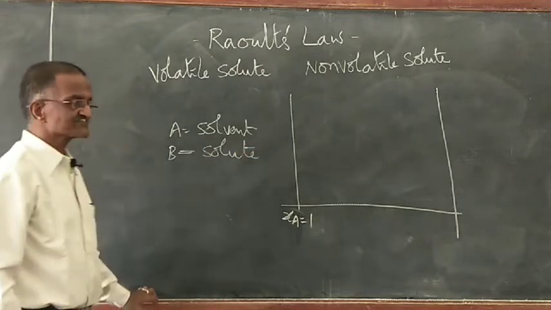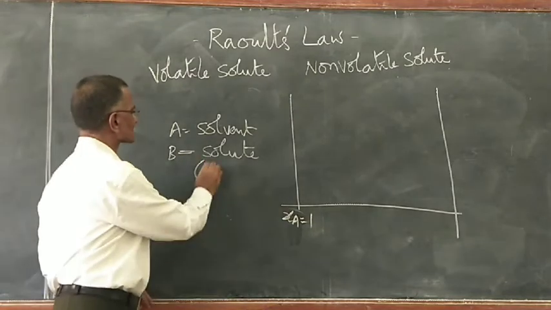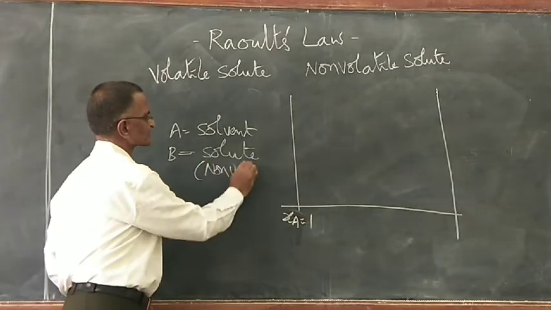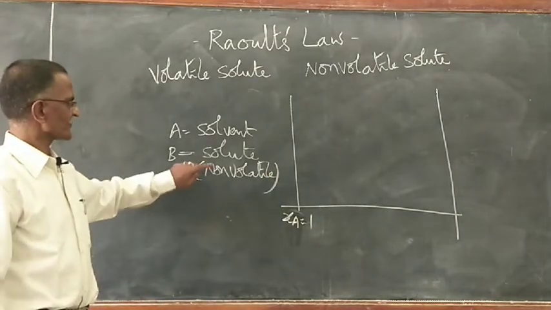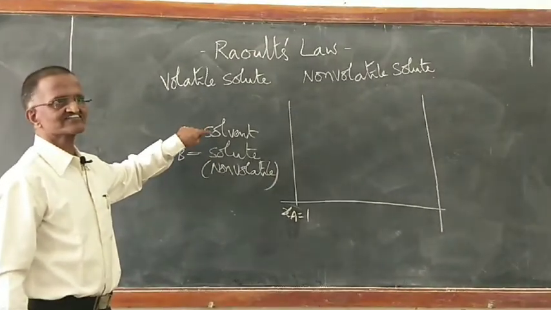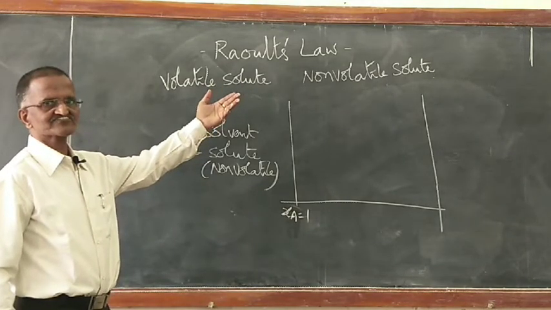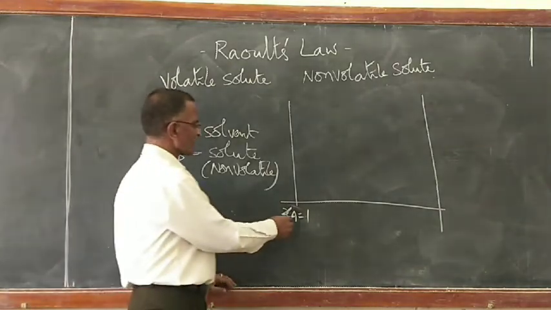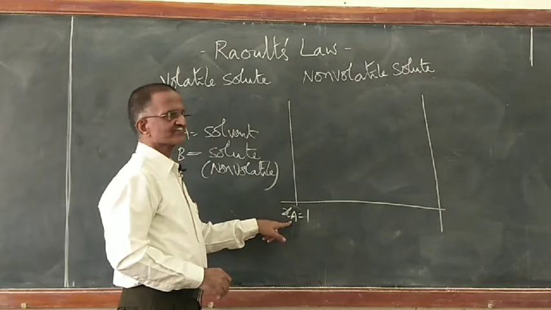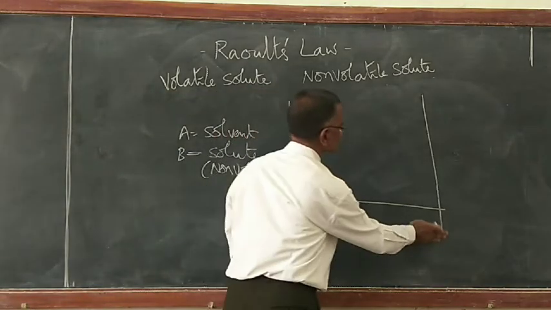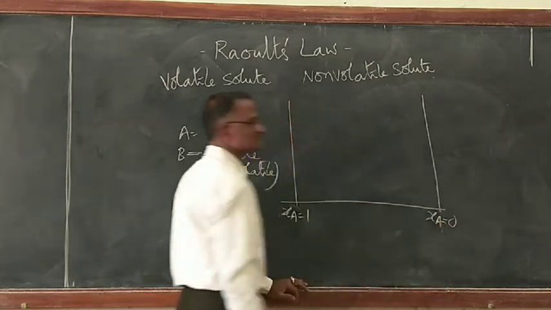In the previous case, my solute was also volatile. Now B is non-volatile. If I have a non-volatile solute with the given liquid solvent, what will be the total pressure on the solution? As I add a non-volatile solute, what will happen to the mole fraction of A? It will go on decreasing, finally Xa equal to 0.